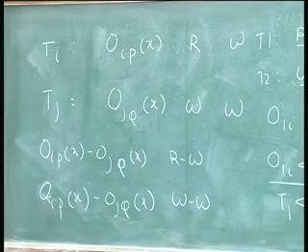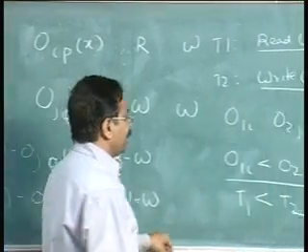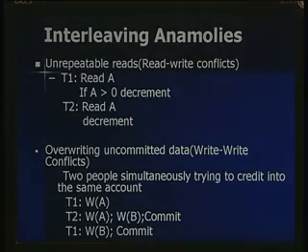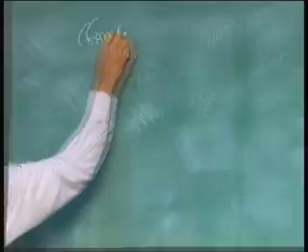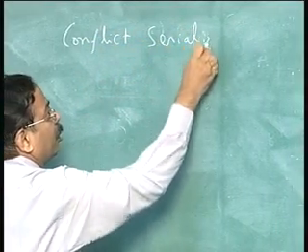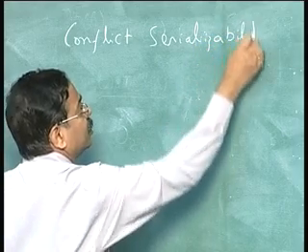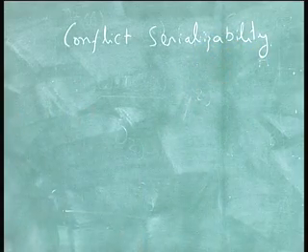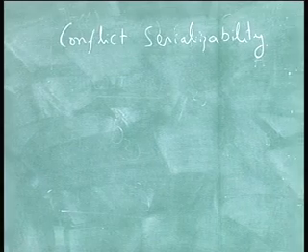When there is a conflict between two operations, whether read-write or write-write, you need to serialize the operations, saying that they are executed in a serial order, which is what we mean by conflict serializability.